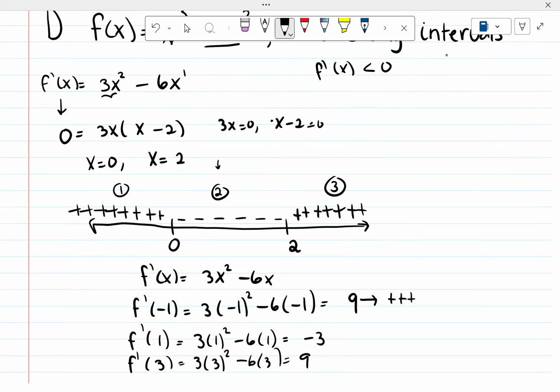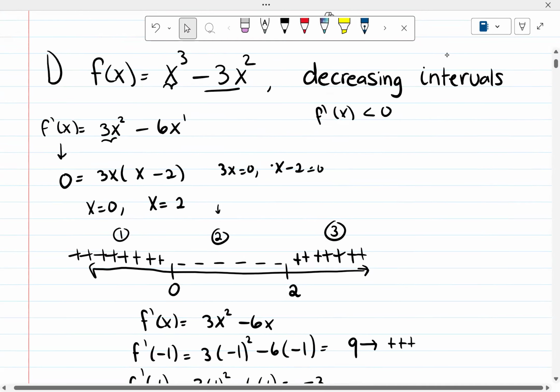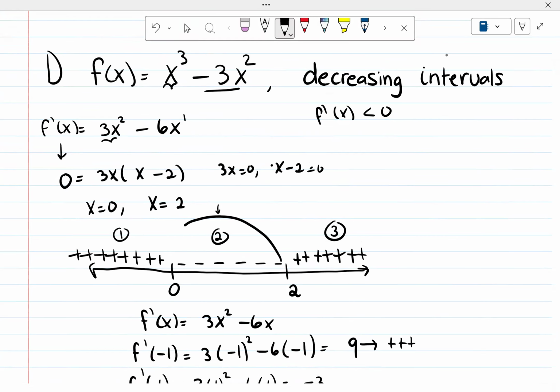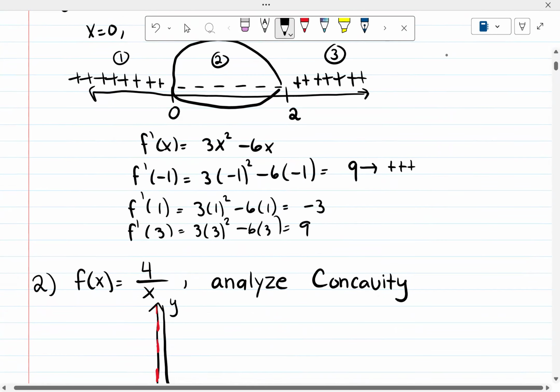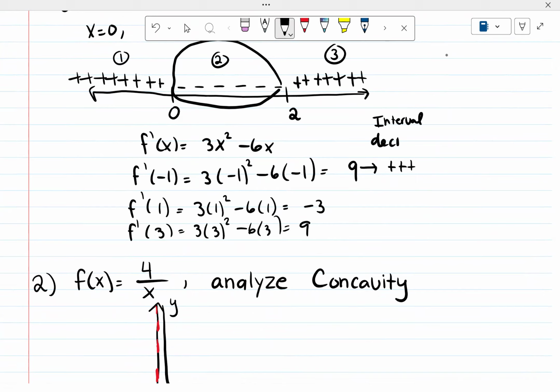Okay, so what is our answer? The problem specifically said where it is decreasing. So if you go back, you only care about the minus. That would be in region 2. But how do I write that as an interval? In interval notation, where it is decreasing, it is going to be from the x value 0 to 2.